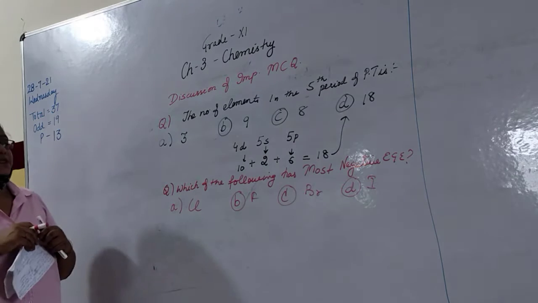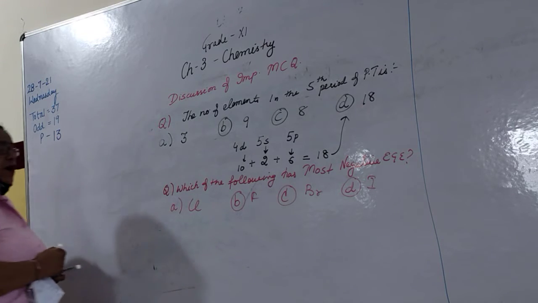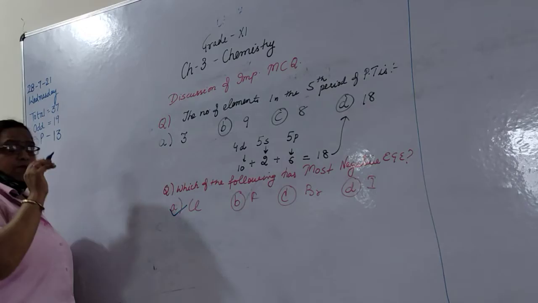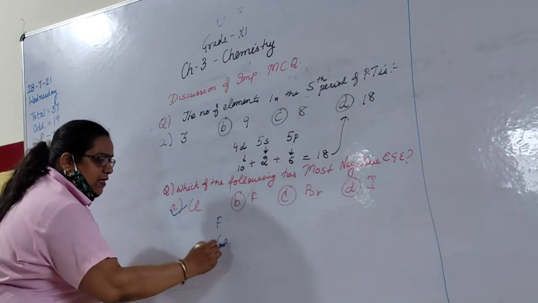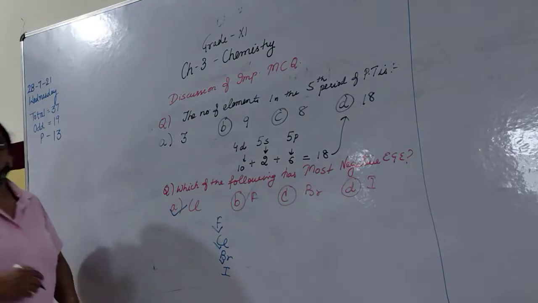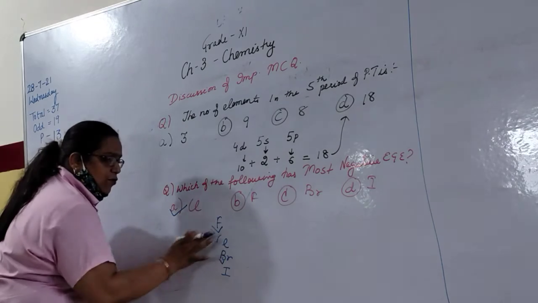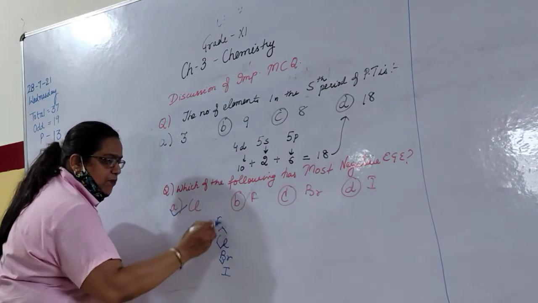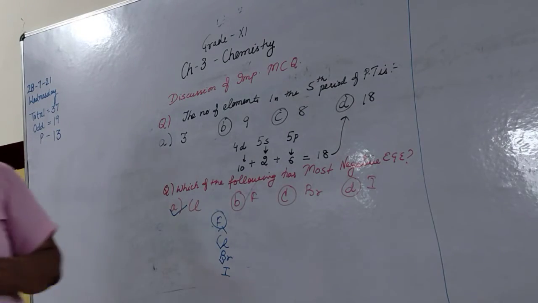And down the group, the EGE becomes less negative. But this is the exceptional case. So the answer should be fluorine, but actually it is chlorine. The EGE for fluorine should be most negative, but actually chlorine has the most negative EGE, due to the small size and high electronegativity of fluorine.